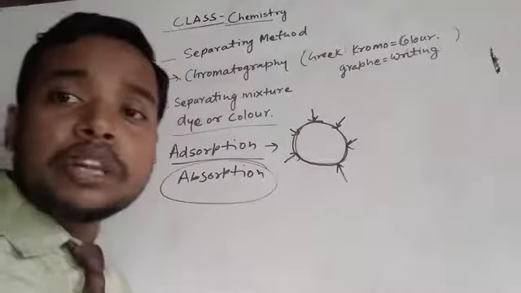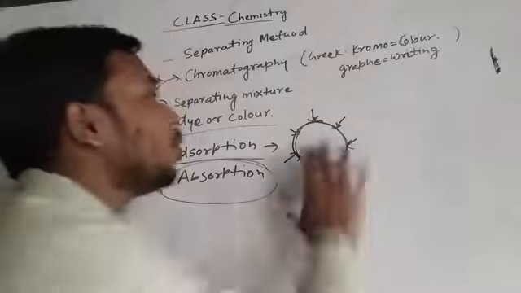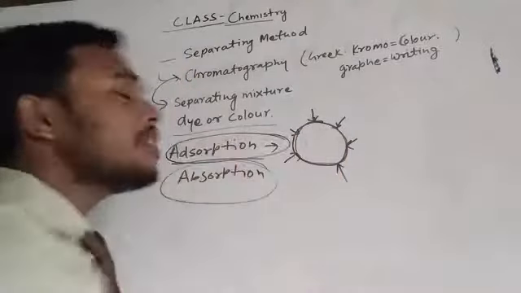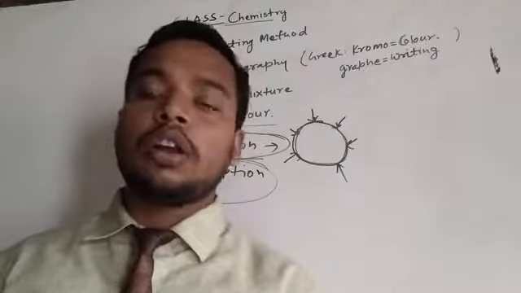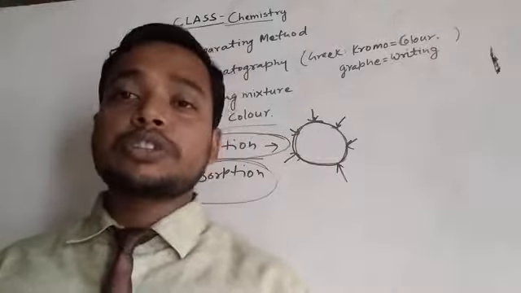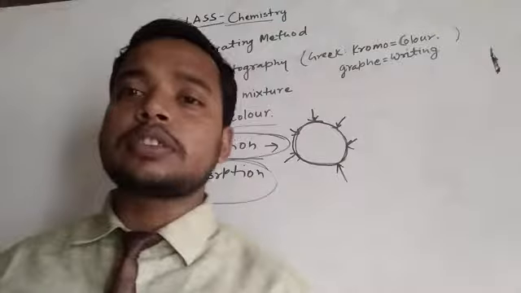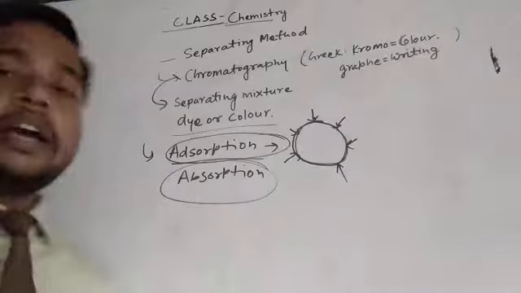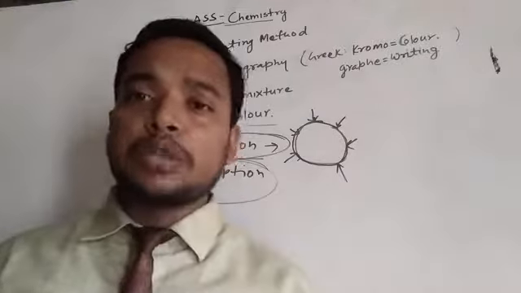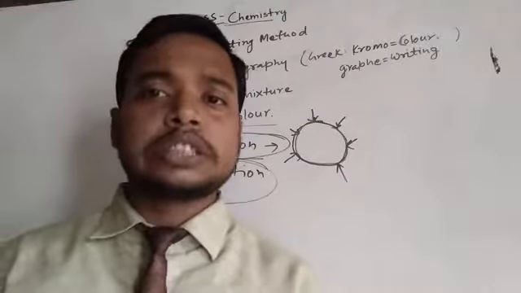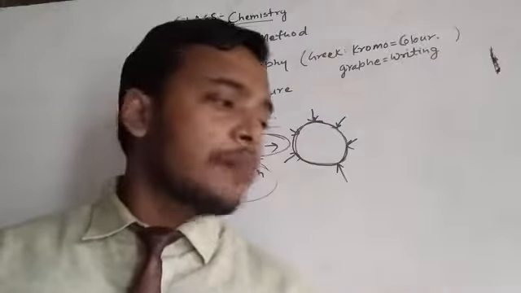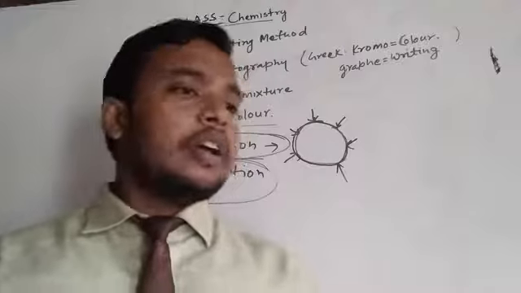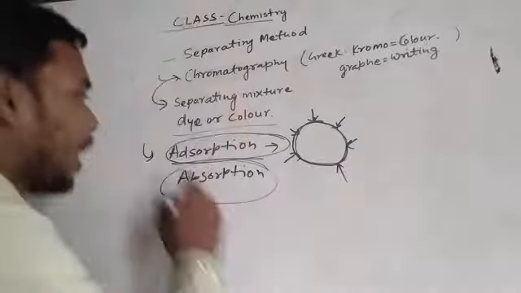When the boundary of the cell comes in contact with a water droplet, it is called adsorption. Any body that comes in contact with a water droplet is adsorption. After that, the water goes inside the cell or is absorbed by the body, and that is called absorption.